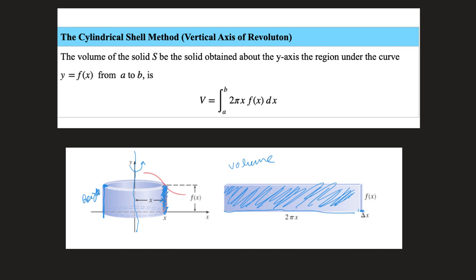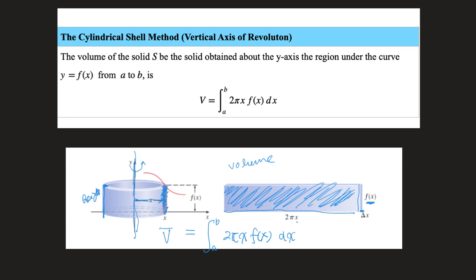The width is going to be 2 pi x, because x is the radius from the rotating axis, and 2 pi x is the circumference. The length is going to be f of x. So you get 2 pi x f of x, and then you multiply by the depth, which is dx, and integrate from a to b. That gives you the volume of this shape, guys.